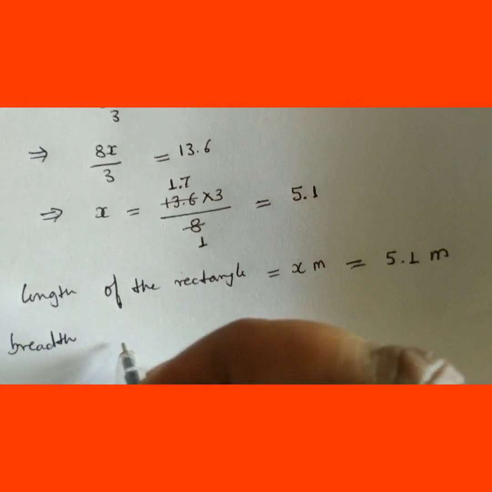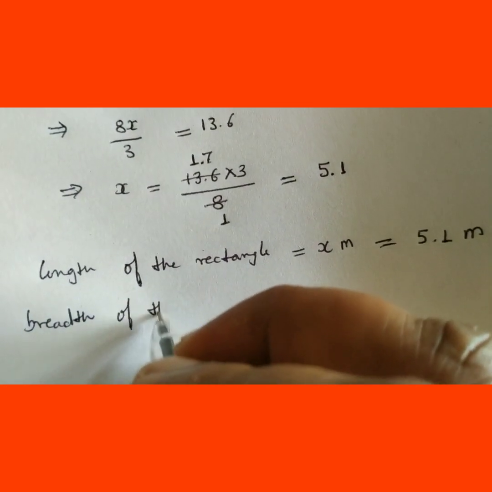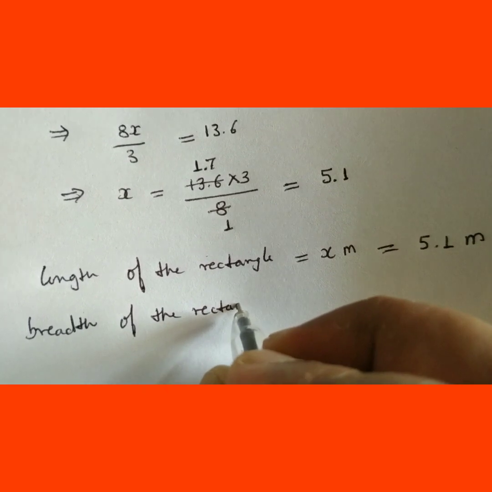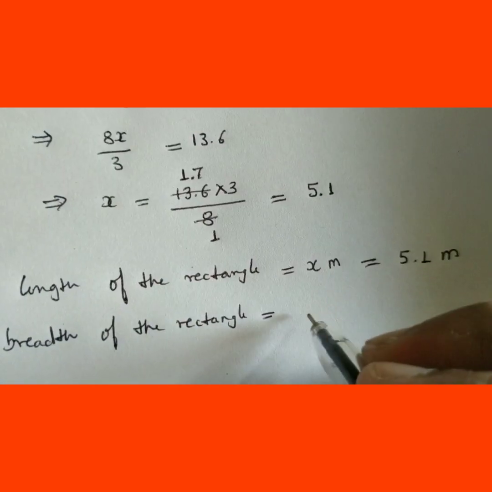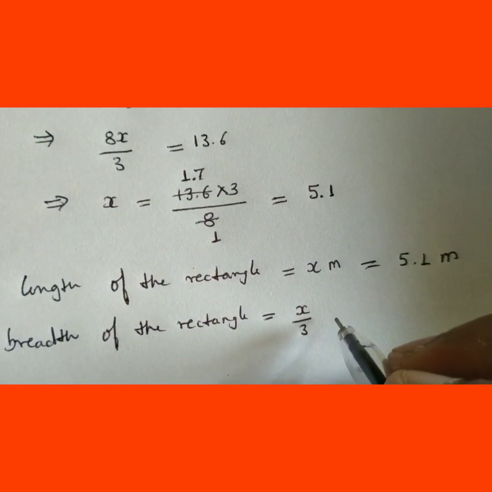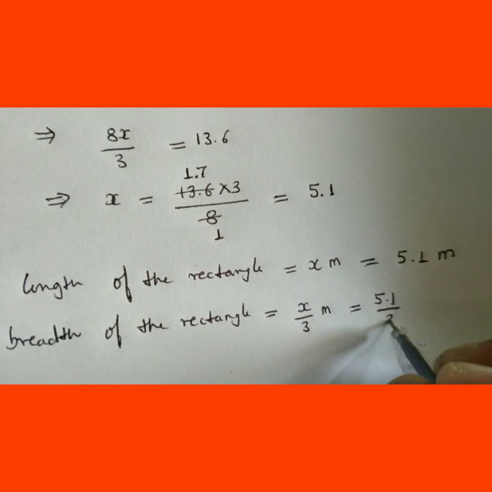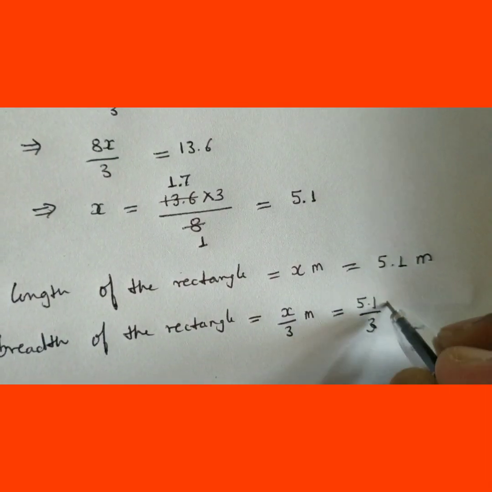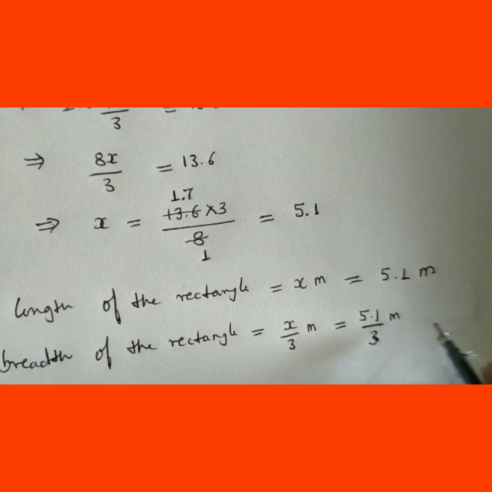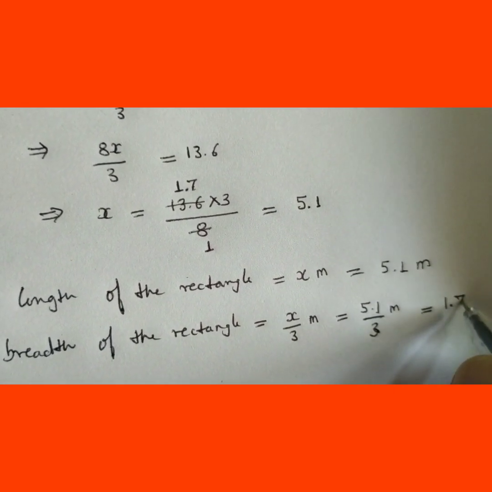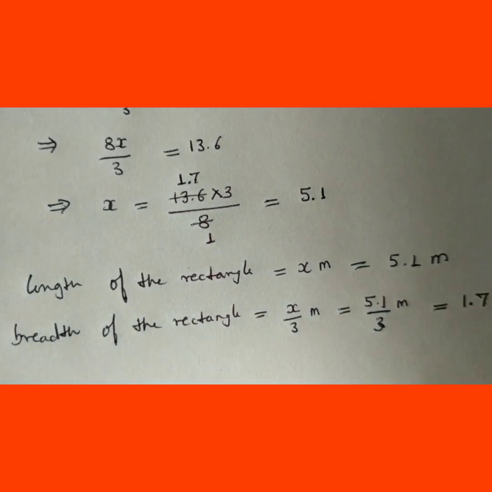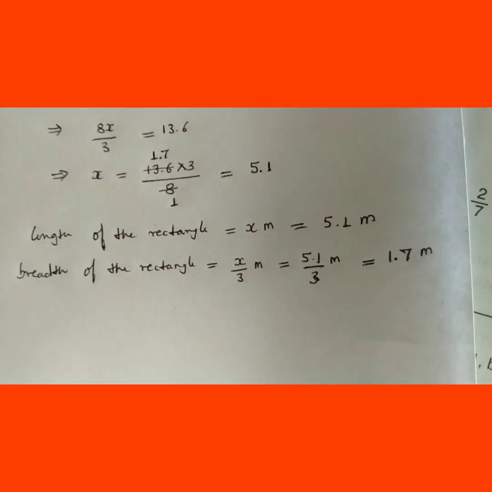Breadth of the rectangle is x by 3 meter is equal to 5.1 by 3 meter. 7 3 51, so it is equal to 1.7 meter. This is the answer.